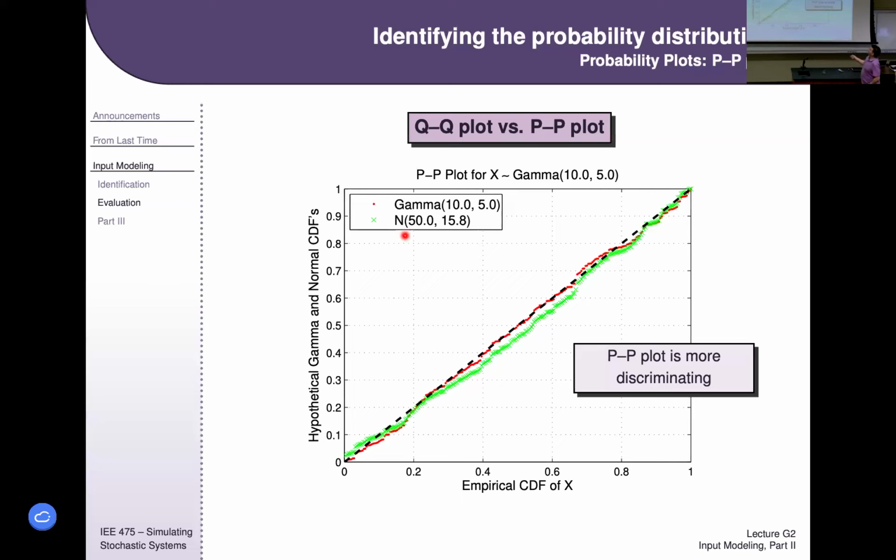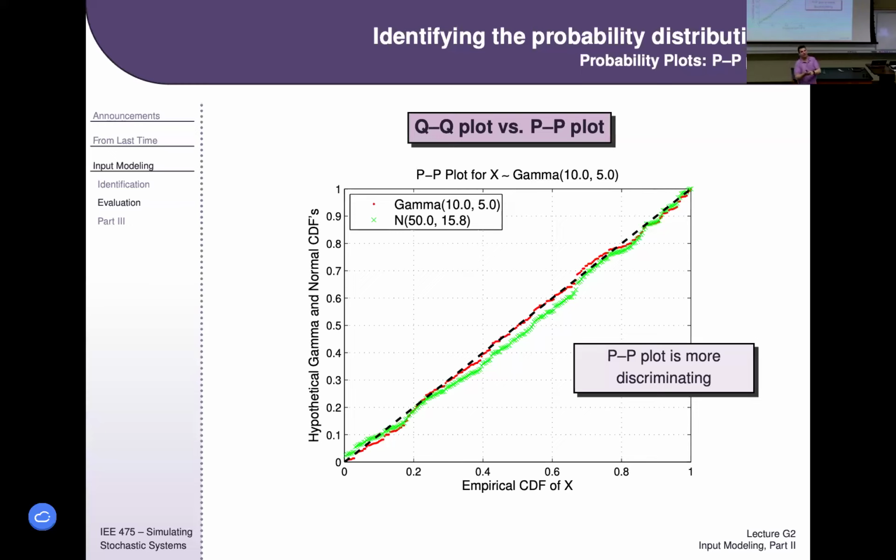So I've got my hypothetical gamma with its parameters, my hypothetical normal with its parameters, and I see that this red line, which corresponds to the gamma, falls right on the diagonal, but this green line has some daylight. So that gives me ideas that it's probably the gamma, which I knew because I generated the data. But if I didn't generate the data, I wouldn't know that. And this PP plot would help give me more guidance that I should go towards the gamma over the normal.